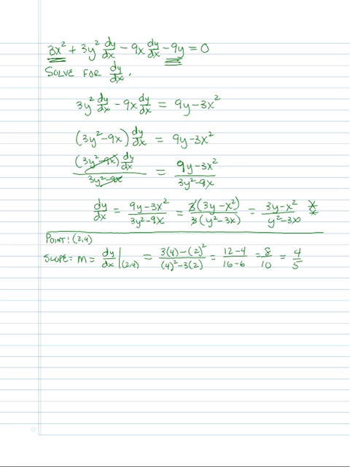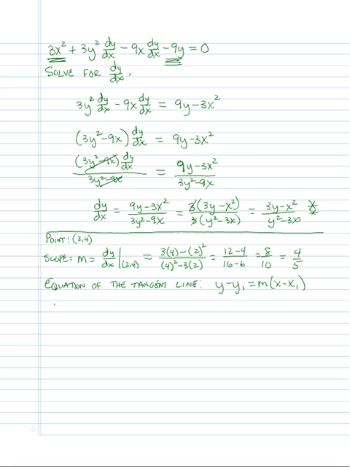Okay. So now for the equation of the tangent line, that's a good review, isn't it? What do we use? We use y minus y sub 1 is equal to m times the quantity x minus x sub 1, where m is the slope, and (x sub 1, y sub 1) is the point that we know is on the line.